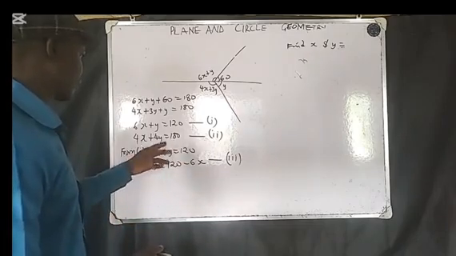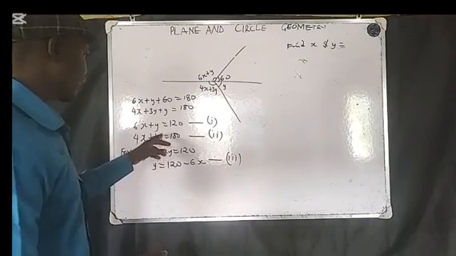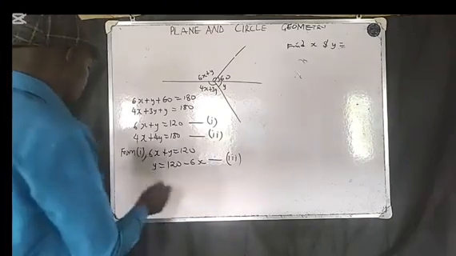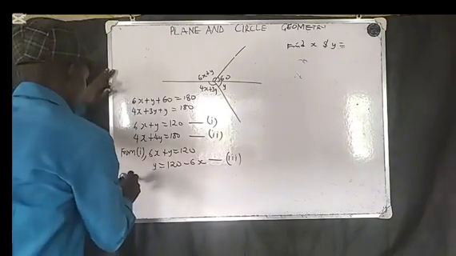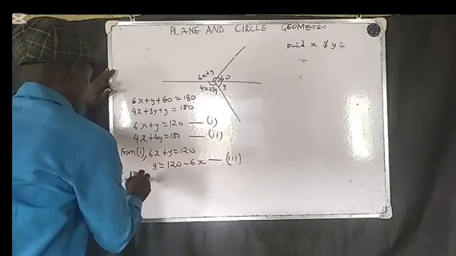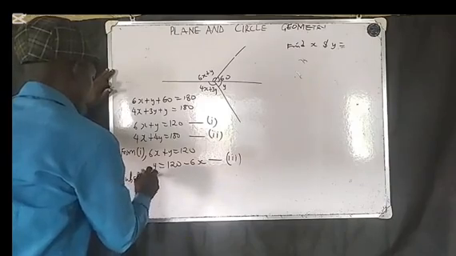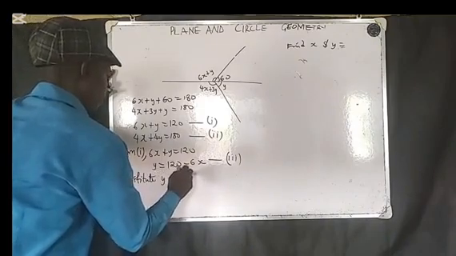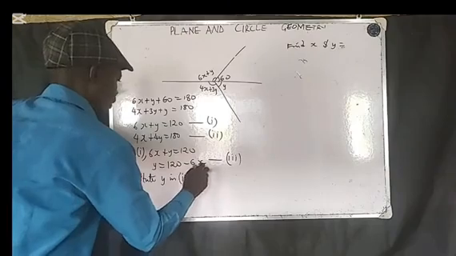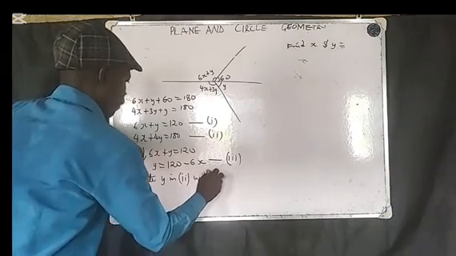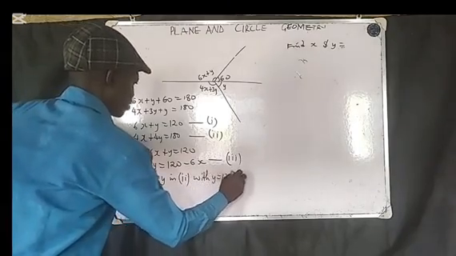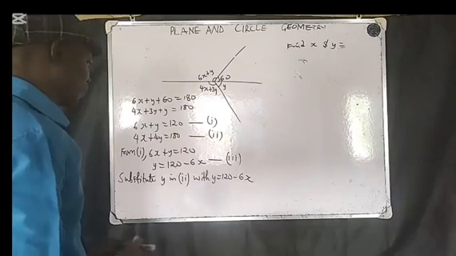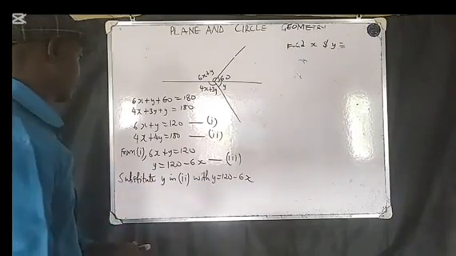Let's replace y in equation 2 with y equals 120 minus 6x. So wherever you see y in equation 2, replace it with 120 minus 6x.